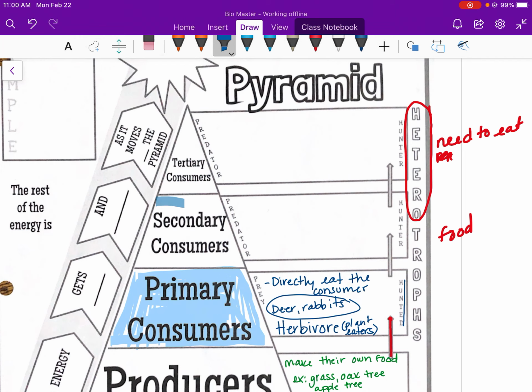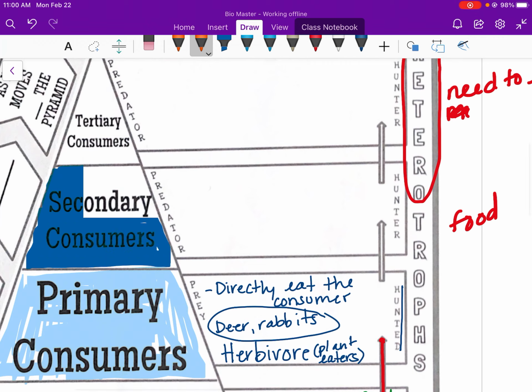I'll color these guys a little bit darker blue. So our secondary consumers are often the omnivores. They could eat plants, they could eat meat, but generally in any food chain, the secondary consumers are the ones who eat the primary consumers. So they're getting secondhand energy from the producer. These guys are often things like frogs and fish and snakes.